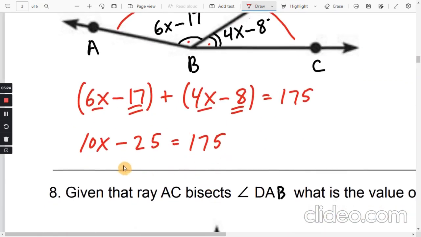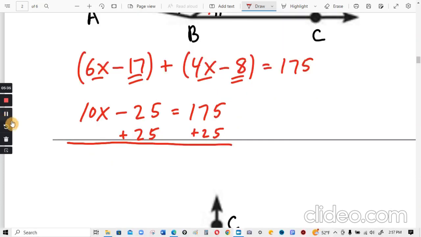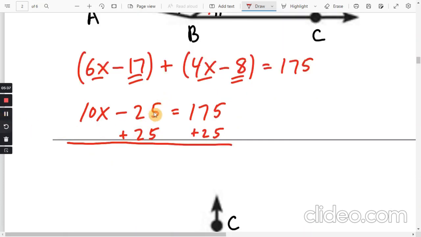Solving for x, we add 25 to both sides. All right, 25 minus 25 is gone. Bring down the 10x. 175 plus 25 is 200.